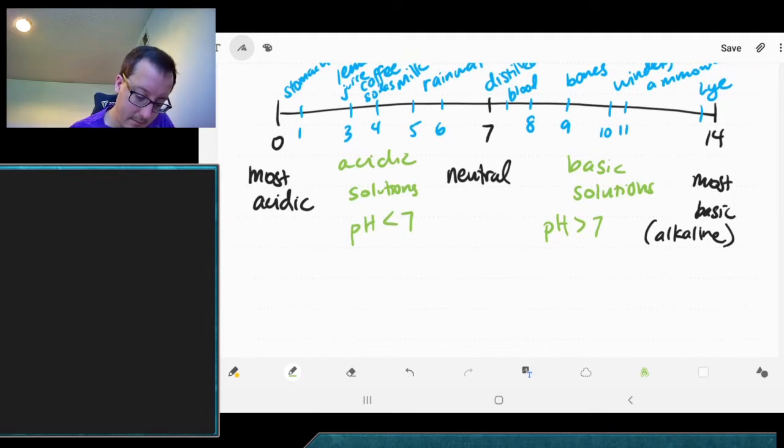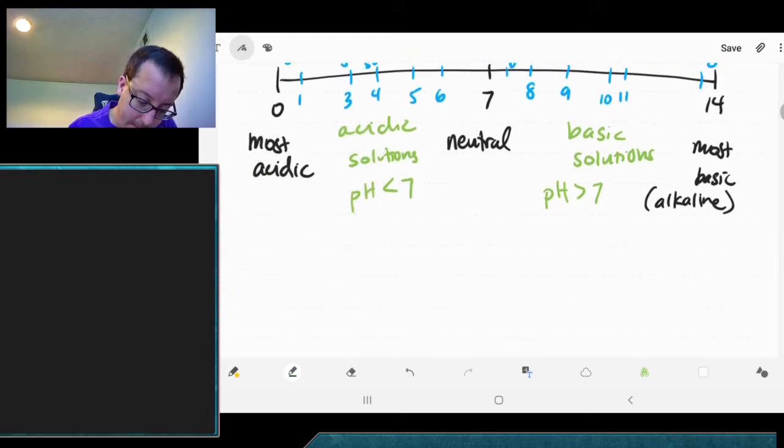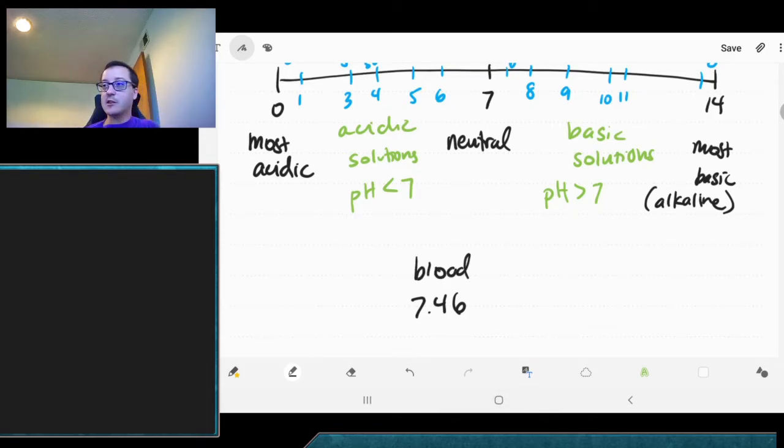What's interesting, pH is so important. So your blood has a normal pH of 7.46.